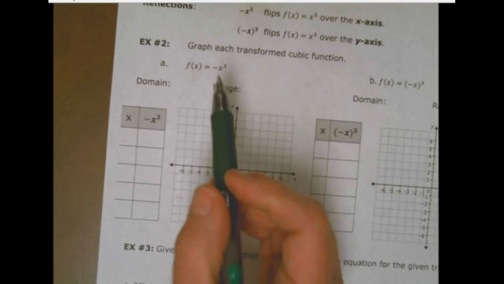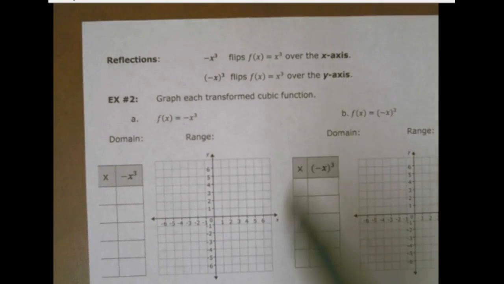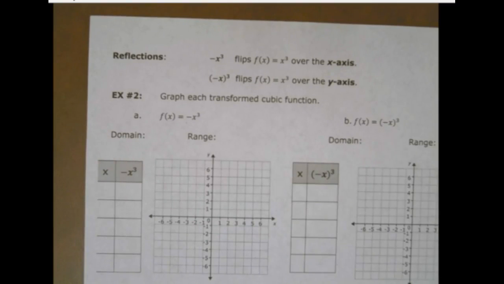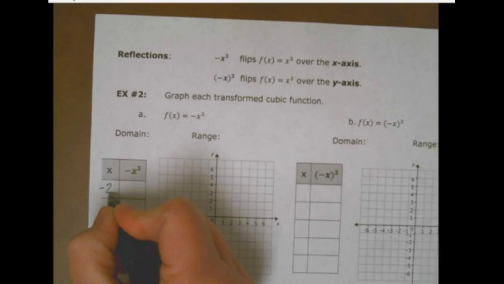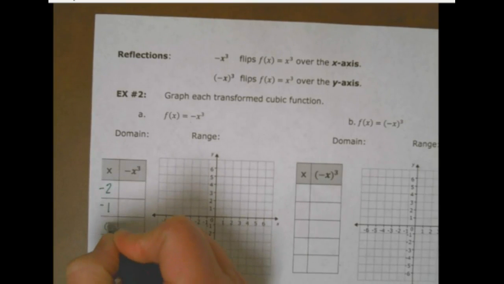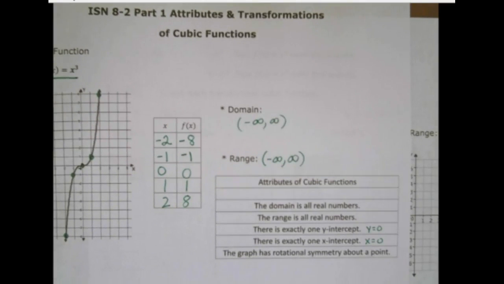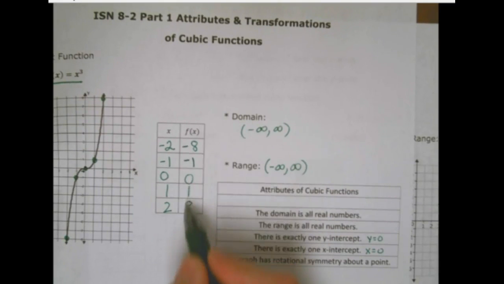So, what does it mean if I have a negative sign out in front? A negative sign out in front flips it over the x-axis. What's a better mathematical word instead of flips? Reflects it over the x-axis. To reflect over the x-axis, we would take this original table on the front page and multiply this column by a negative 1.